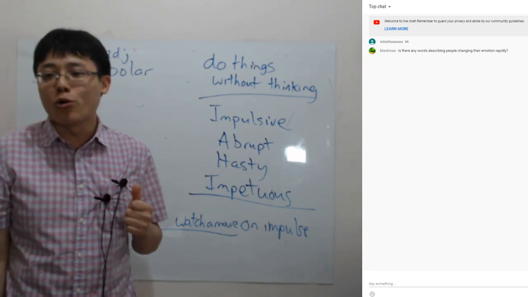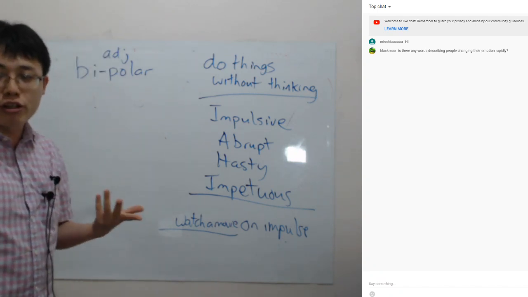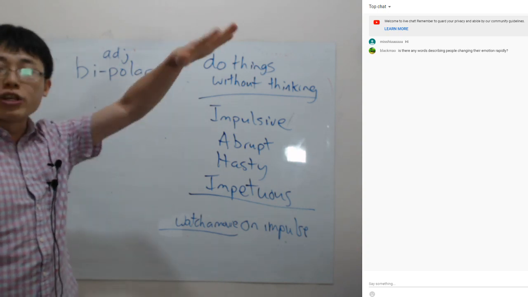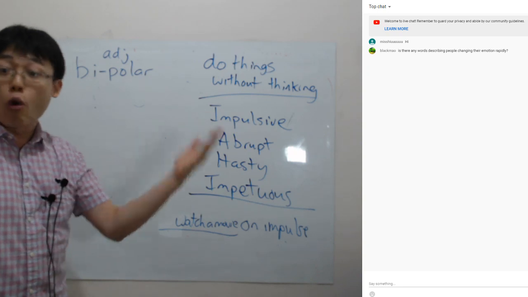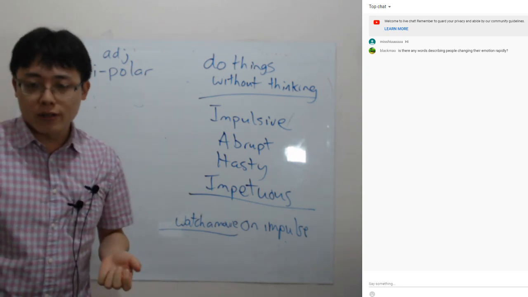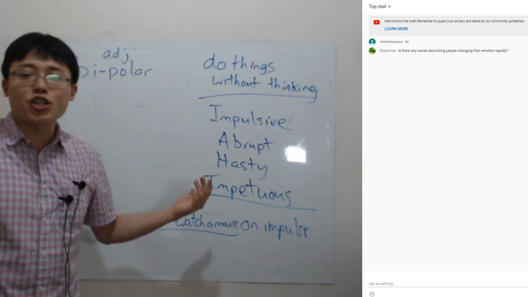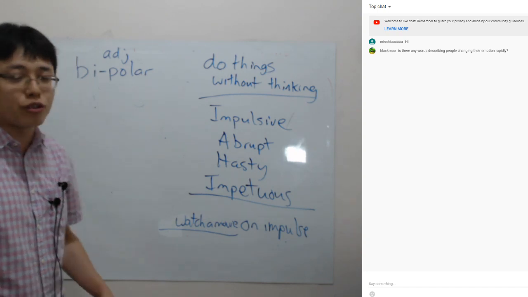If someone is bipolar, then one of the common attributes or characteristics of that person is that they'll be really happy one second, and then literally the next moment they're throwing things at you. So we do call those people bipolar. Usually we just call them crazy. If you meet people like that, usually we call them crazy.